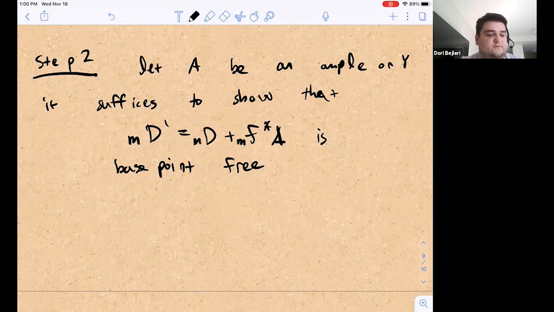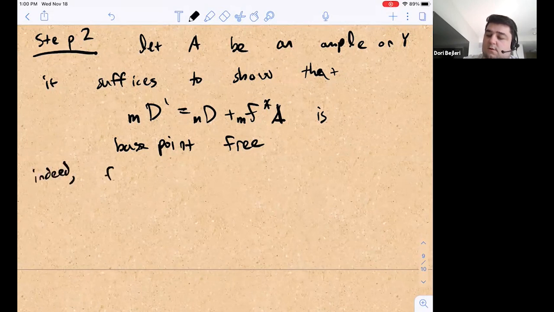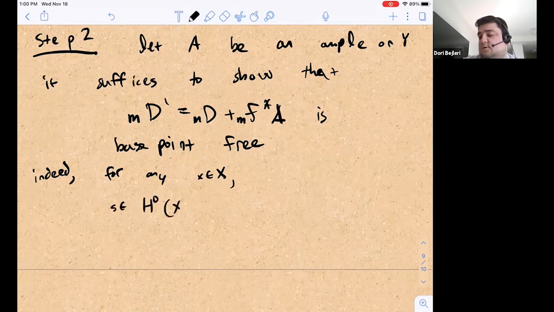So indeed, if we know that mD' is base point free, then for any x we have a section s in H^0(X, mD') that doesn't vanish, with the condition s(x) is not equal to 0.